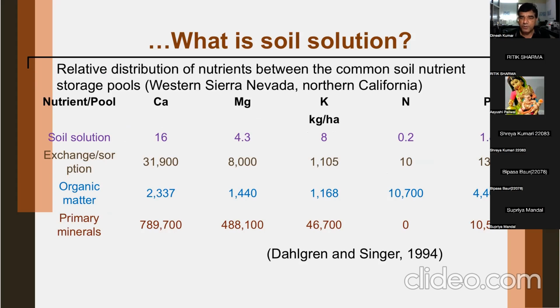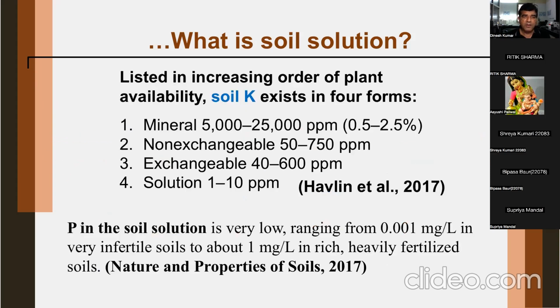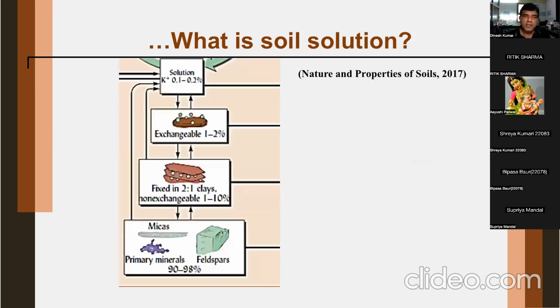And we have seen the sources of nutrients into the soil solution, meaning buffering of soil solution happens through three important sources: either from minerals, or from exchangeable, or from non-exchangeable forms. And you have also seen that the fraction of nutrients in soil solution is very small. For example, in case of potassium, only 0.1 to 0.2% potassium is in solution form.